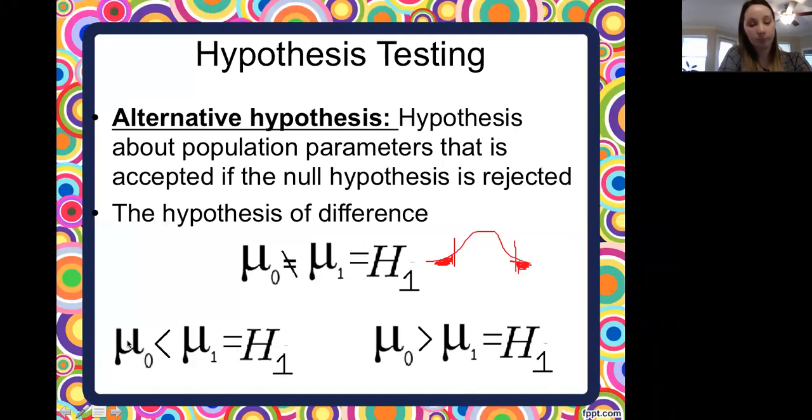This is a one-tailed. This one is saying that our population mean is less than our sample mean. So basically, this is saying that our sample mean is bigger than our population mean, so it's going to be on the right side.